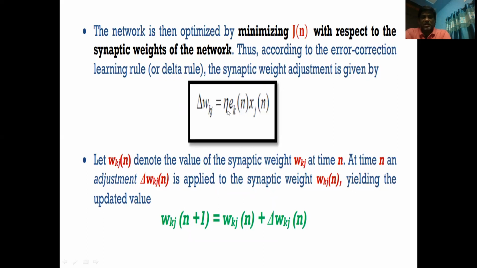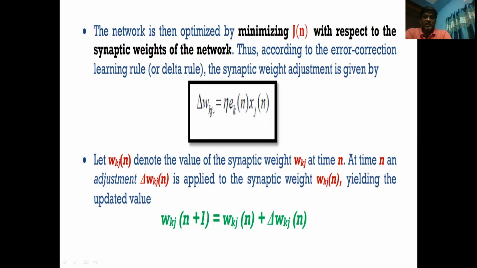This eta is the learning rate that we will assume for a neural network, and ek of n is the error term that is calculated by taking the difference between the actual output calculated and the desired response expected from a neuron, and xj of n is the input at time n connecting the neurons j and k.